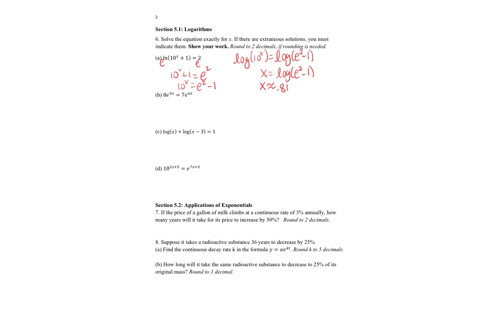Okay, so for the next one, well, first of all, I'll notice that there is a constant multiplied out front of both of these, so I can divide one of those constants over. It doesn't matter which one. I'll just divide the 8 on both sides. So this is 7/8 e to the 6x. And now I can take the natural log of both sides.